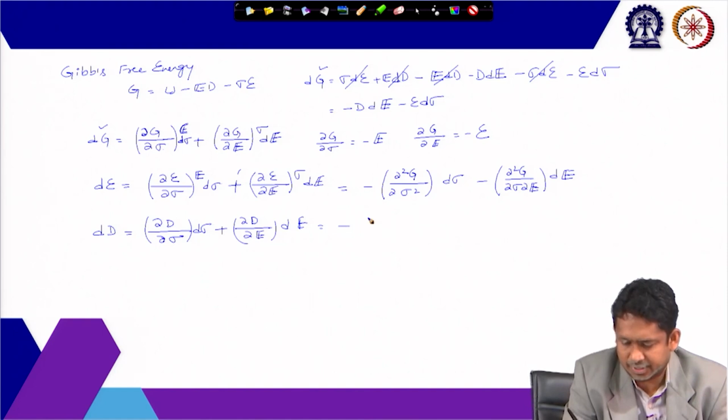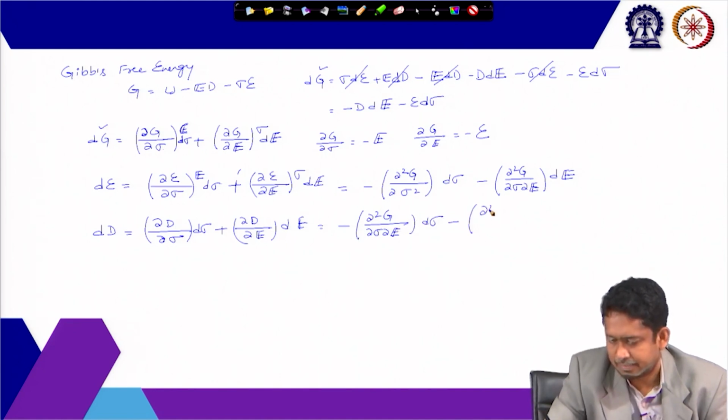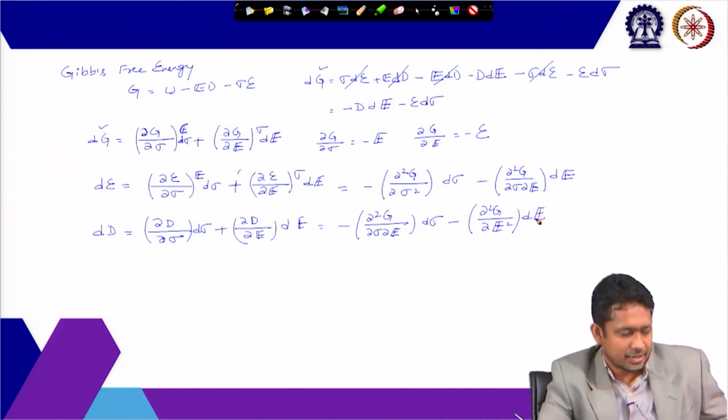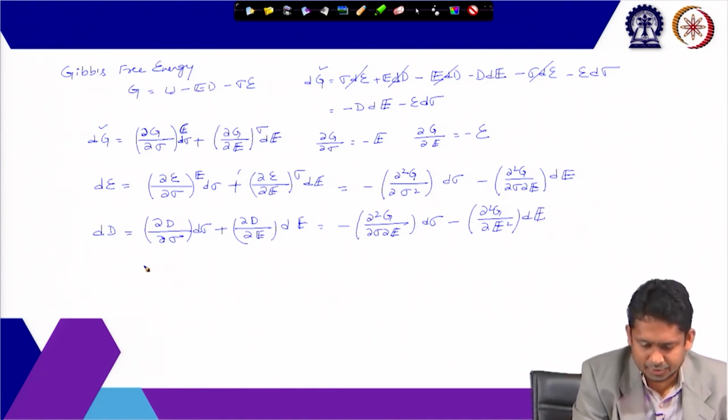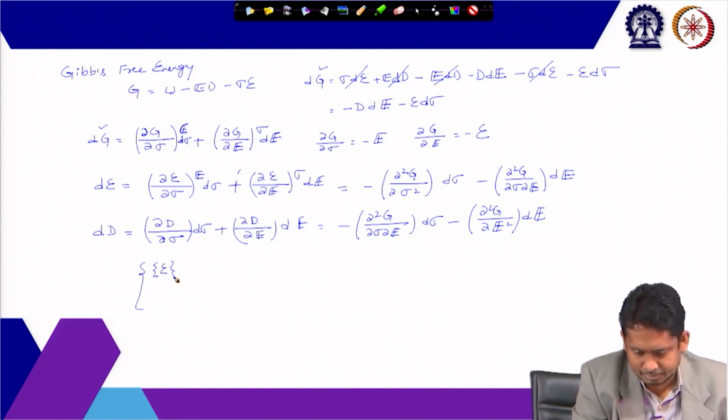Now, this quantity can be written as minus of del 2 G del sigma del E multiplied by d sigma, minus of the double derivative of G with respect to electric field multiplied by d of electric field. Now, combining these two, we can define another constitutive relation, and the relation can be written as this.